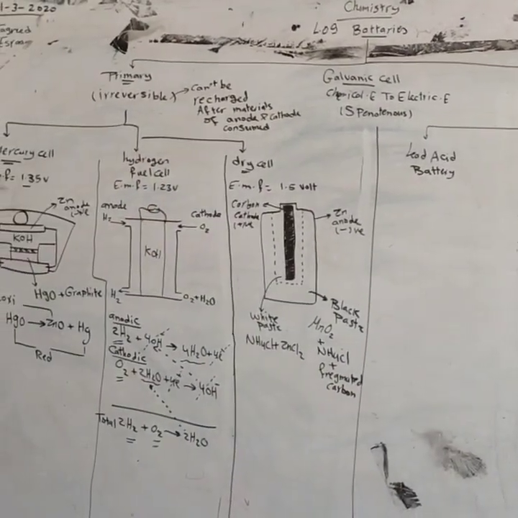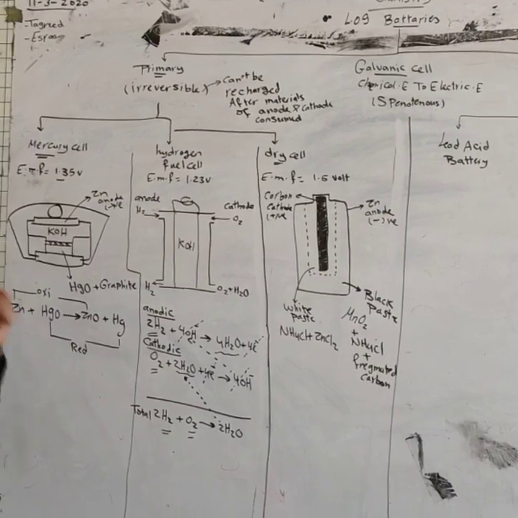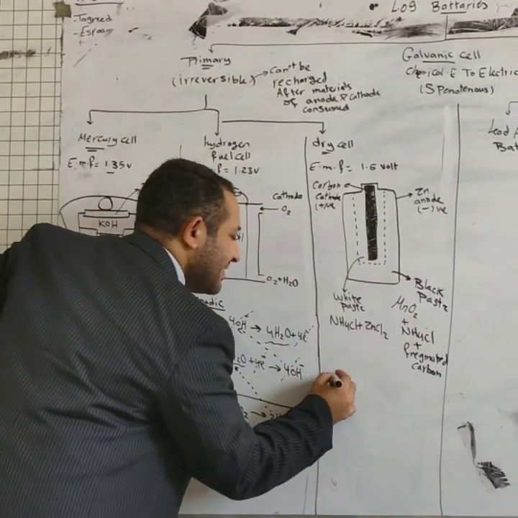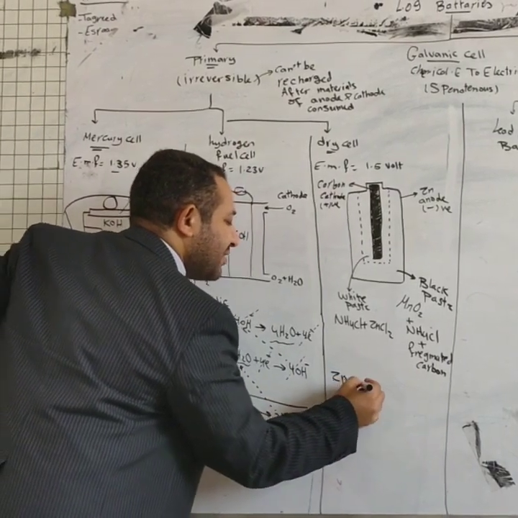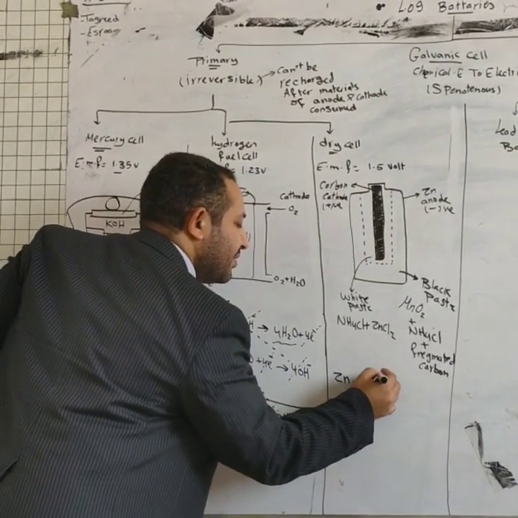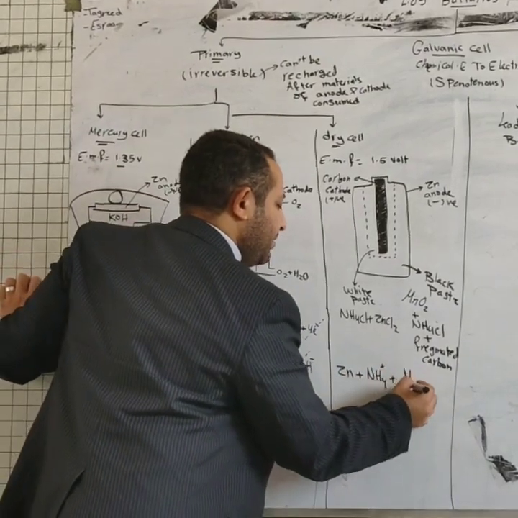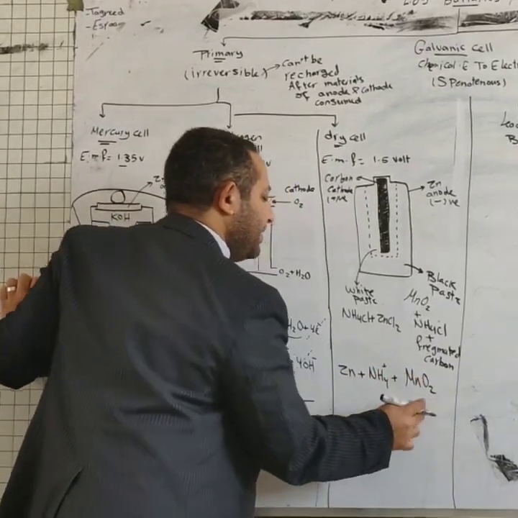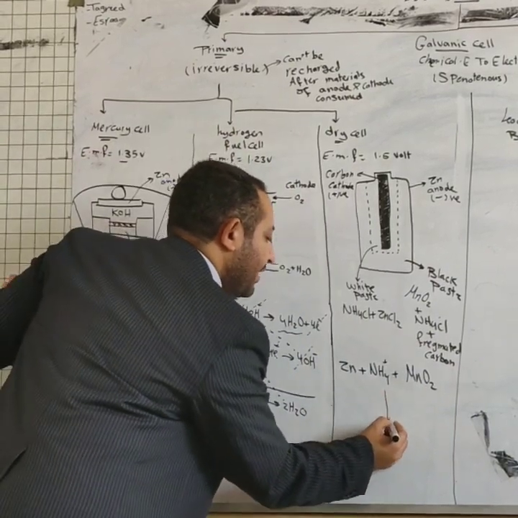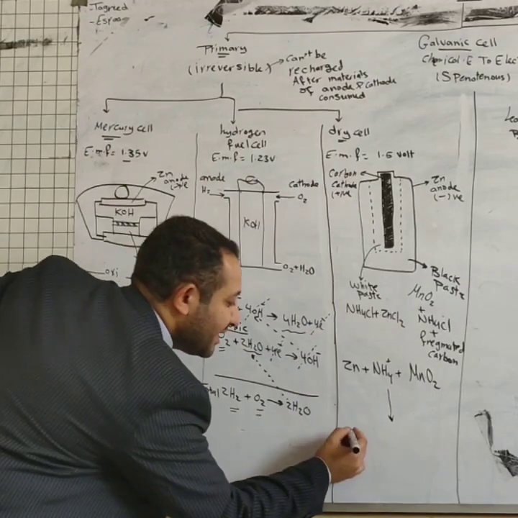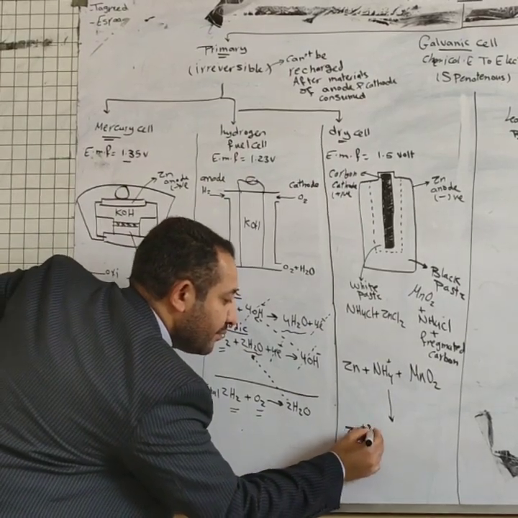If we are going to talk about the reaction, what is the type of the total reaction taking place in this cell? We will find the zinc reacts with the NH4 positive part and MnO2, manganese dioxide. Firstly, the zinc is oxidized, so it changes to Zn2+.